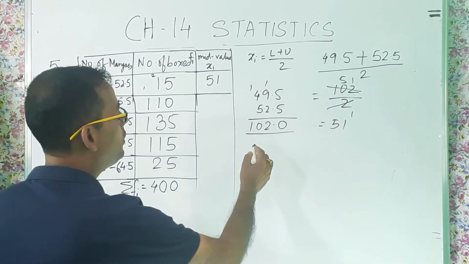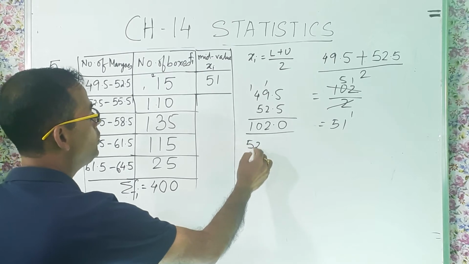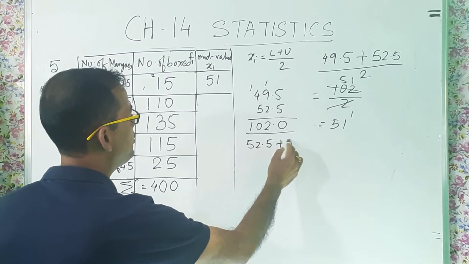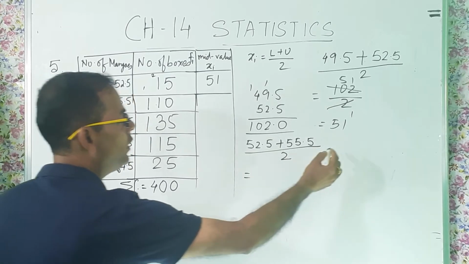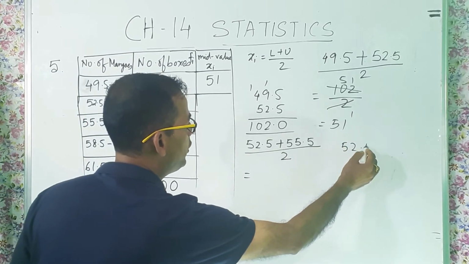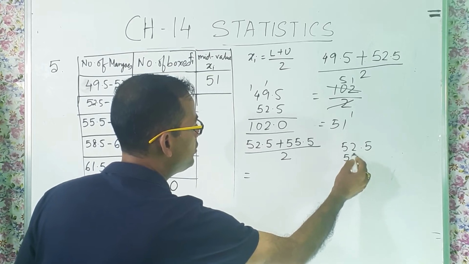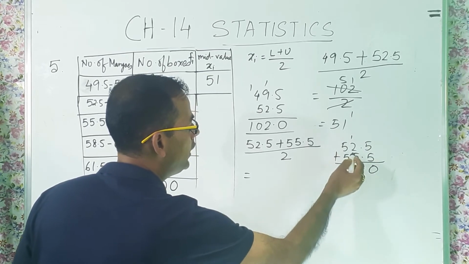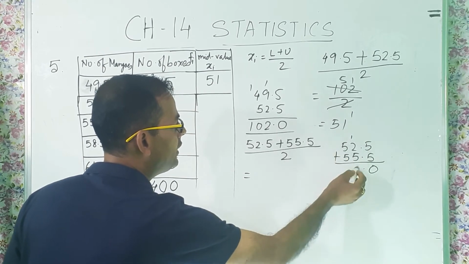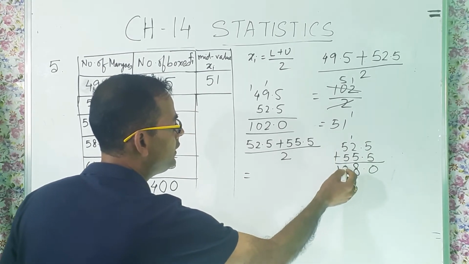Then I told you another rough work we have to do. So, the second one will be what? 52.5 plus 55.5 divided by 2. So, we will add 52.5 and here 55.5. When we add, 5 plus 5, 10, 1, 5, 6, 7, 8 and 5, 10.